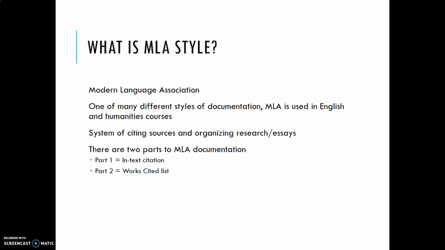So in this class and in English classes and humanities classes, we use what's called MLA style. MLA stands for the Modern Language Association. That is a real group of people who meet together and talk about documentation and make guidelines for documentation. There are other citation styles. The other most common one that you'll probably see is APA, which stands for American Psychological Association.